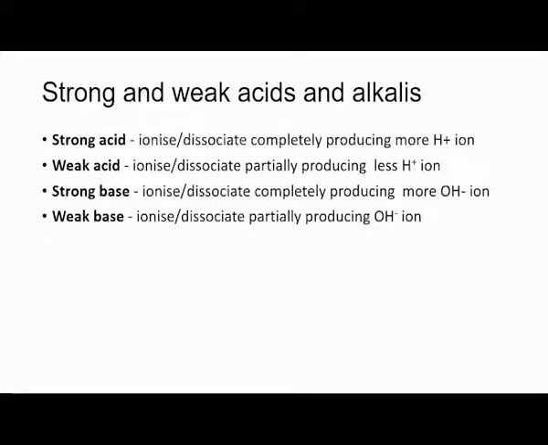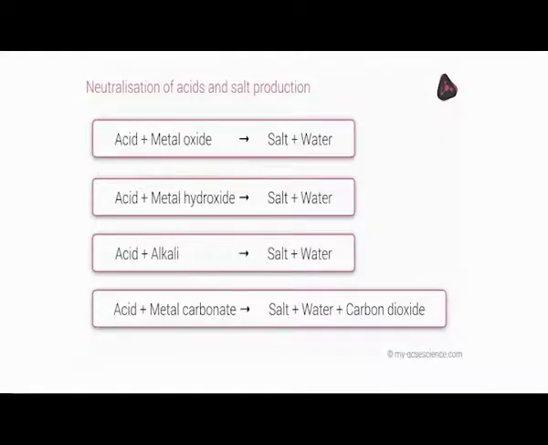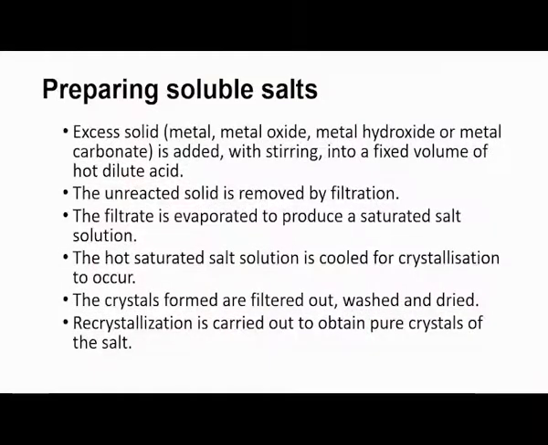It's clear that strong acids ionize completely and weak acids ionize partially. Strong bases ionize completely, weak bases ionize partially. The reactions of acids and bases are given there. Students should know the general equations so that they should be able to apply them to the questions as they come.